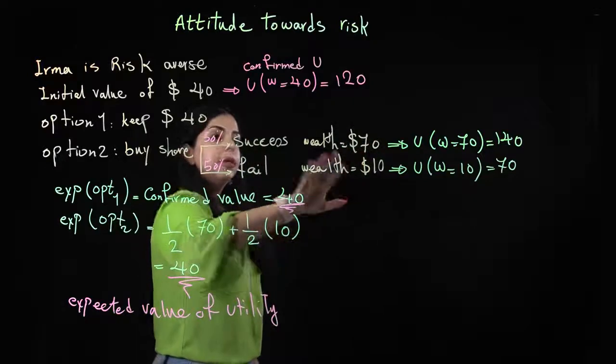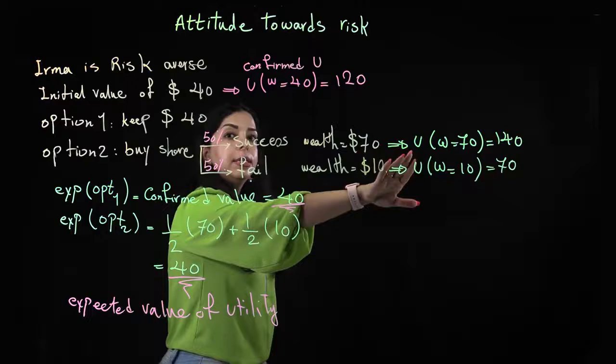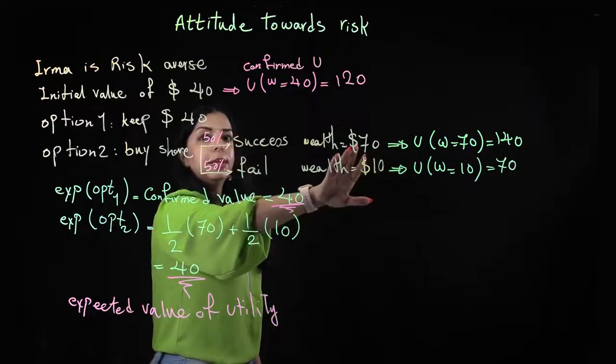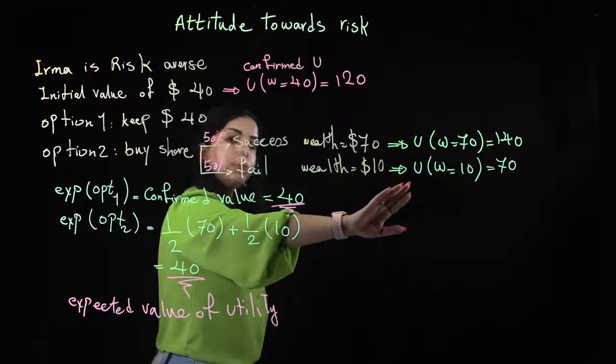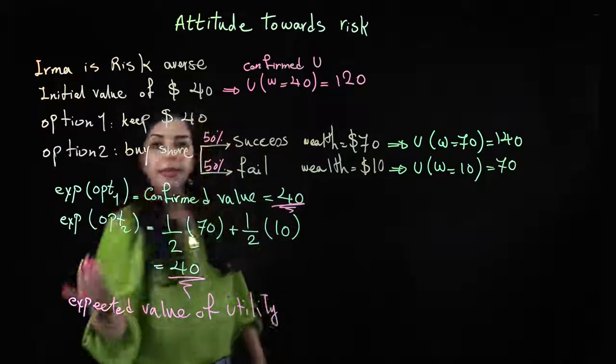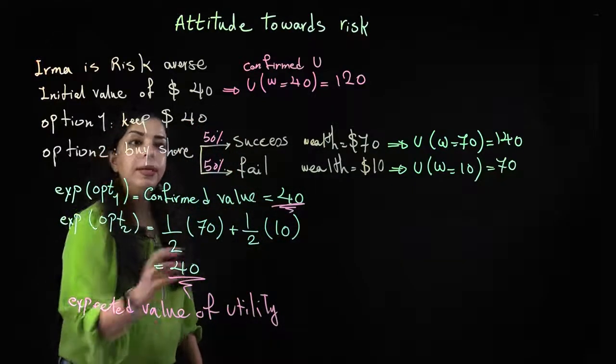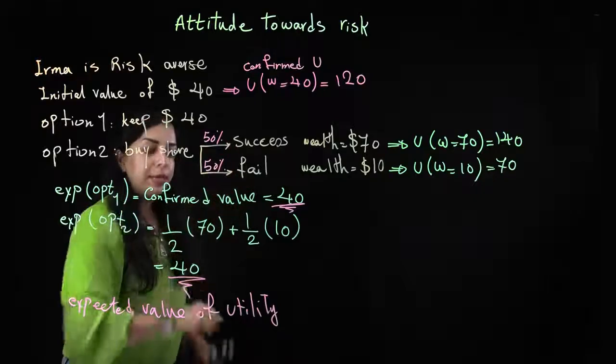We assume that as long as we know the amount of the wealth, we can calculate the utility associated with this wealth. So is it a confirmed value? Yes, so till here is a confirmed value. So the expected value of the utility is coming here, where we have to bring in the concept of probability as well.